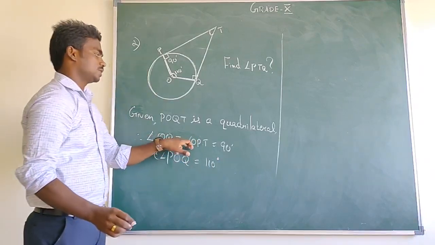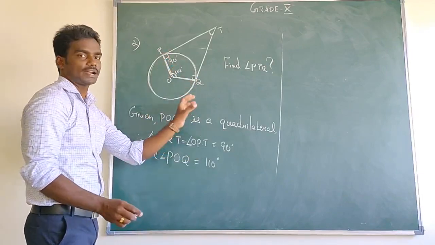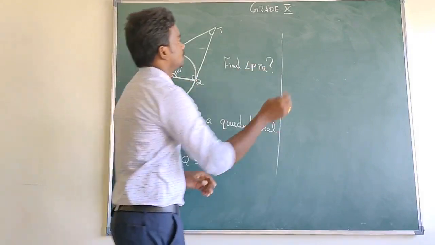Angle OQP is equal to angle OPP. The two angles are 90 degree and POQ is equal to 110 degree is given. Now we want to find the angle PTQ.